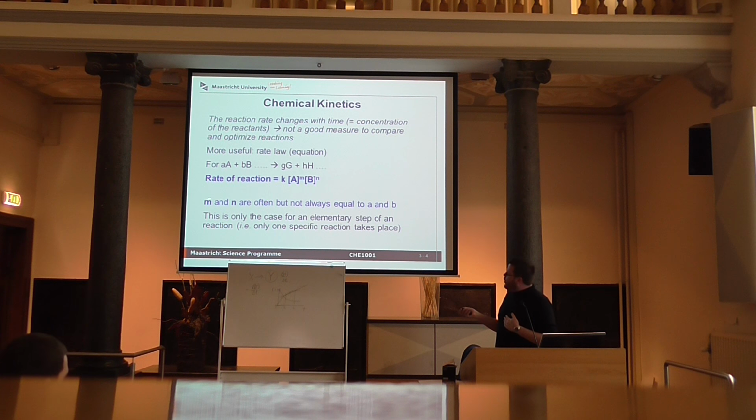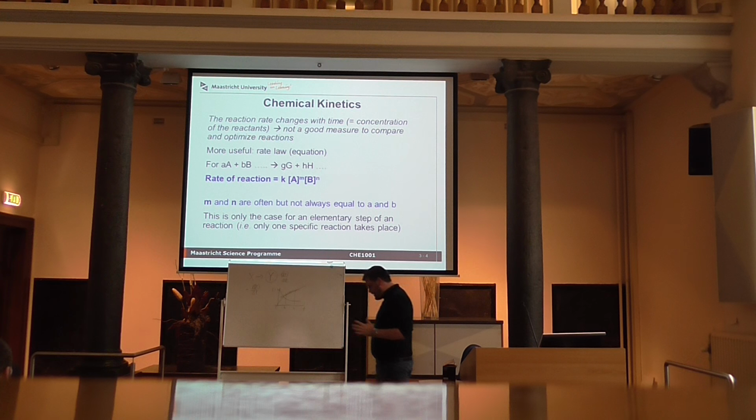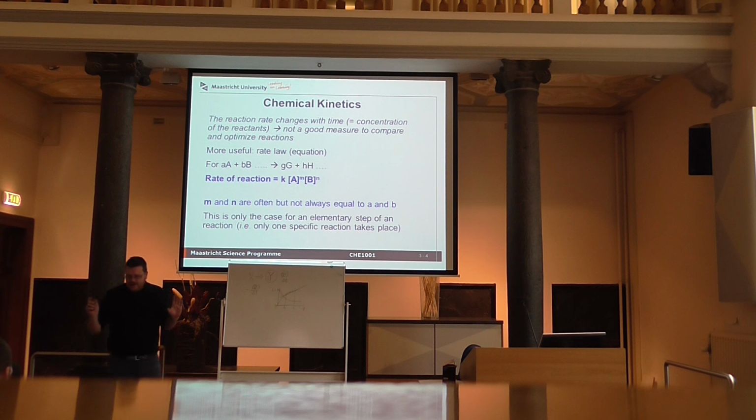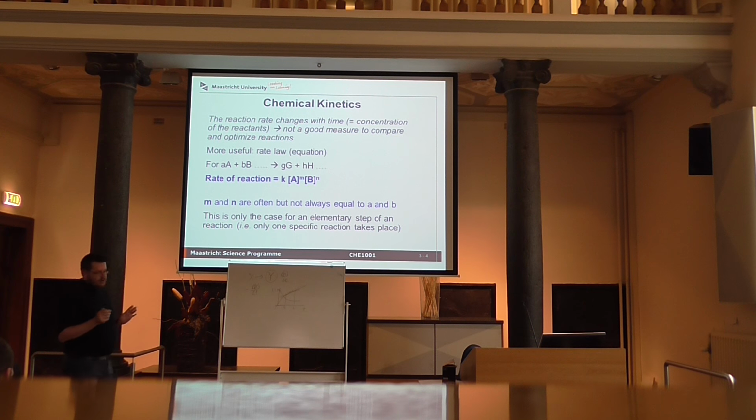And the rate law for that reaction is simply k, which is a so-called rate constant, times the concentration of A raised to the m, multiplied by the concentration of B raised to the n. Now, m and n in all cases have no relation whatsoever to the stoichiometric coefficients. Students often confuse this with the equilibrium constant.